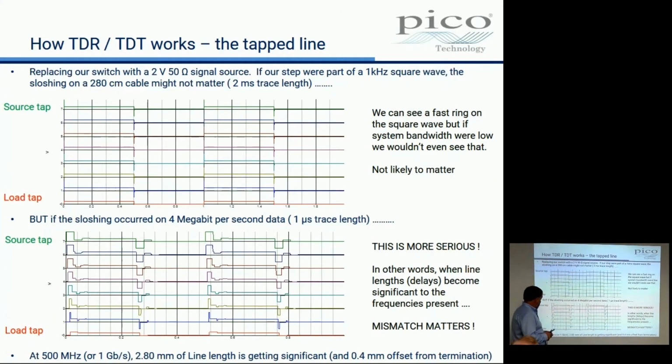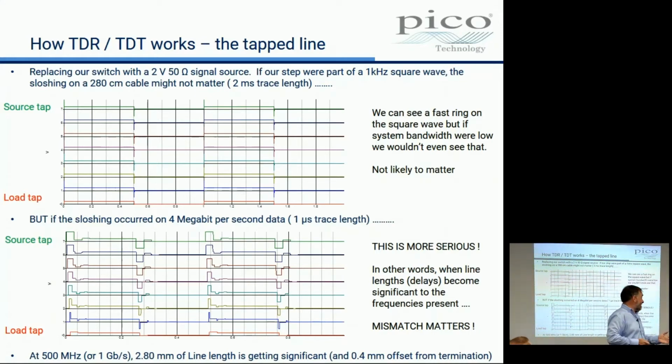At 500 megahertz or 1 gigabit per second, 2.8 millimeters of line length gets significant, and 0.4 millimeters of offset from a termination gets significant and starts to cause problems. Now just think about that, 0.4 millimeter. The poor engineer that is having to put, say, a terminating resistor right next to an IC might struggle to get it less than 0.4 millimeters away from the IC pin.